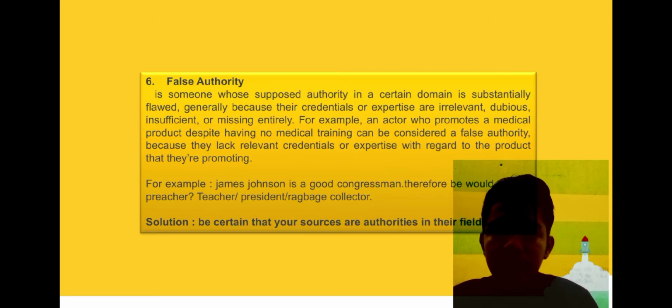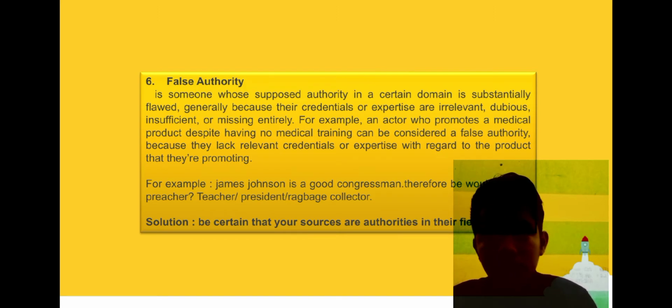Number 6. False authority is someone whose supposed authority in a certain domain is substantially flawed, generally because their credentials or expertise are irrelevant, dubious, insufficient, or missing entirely.